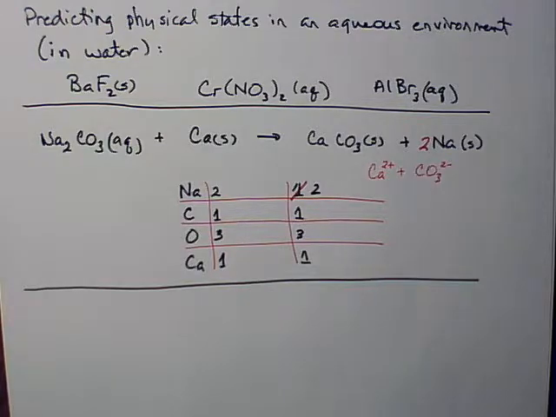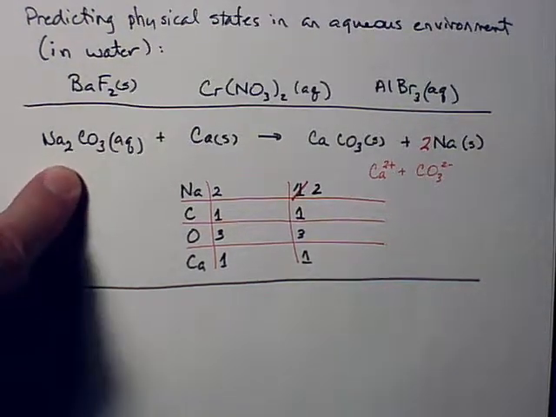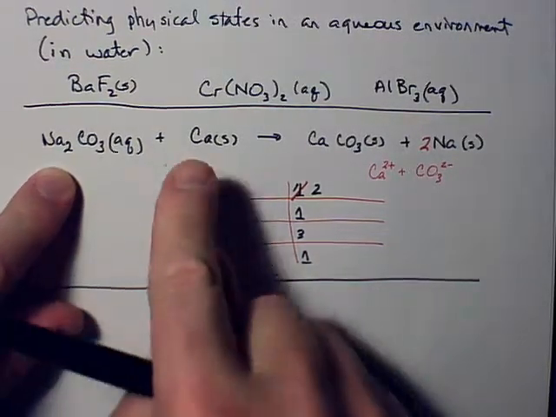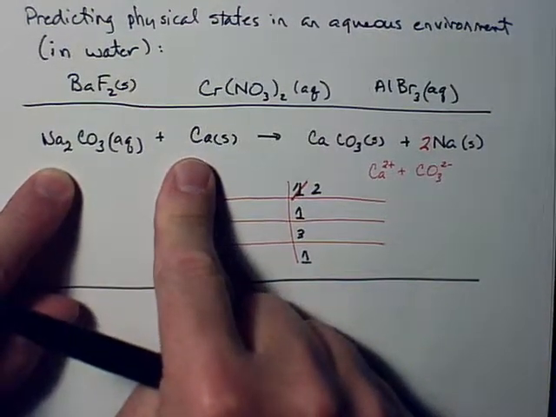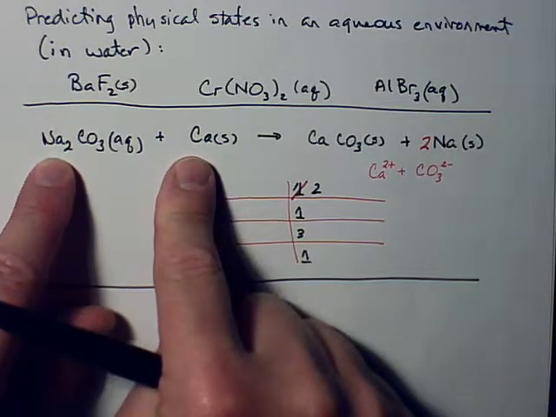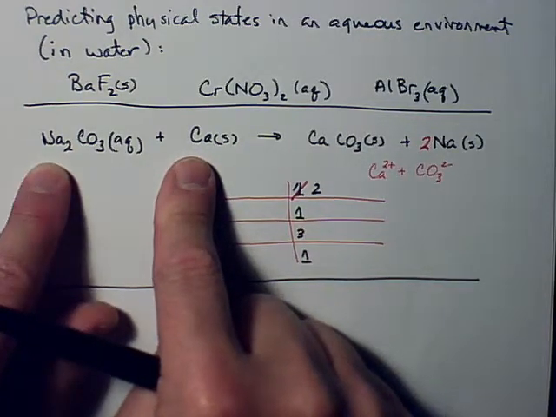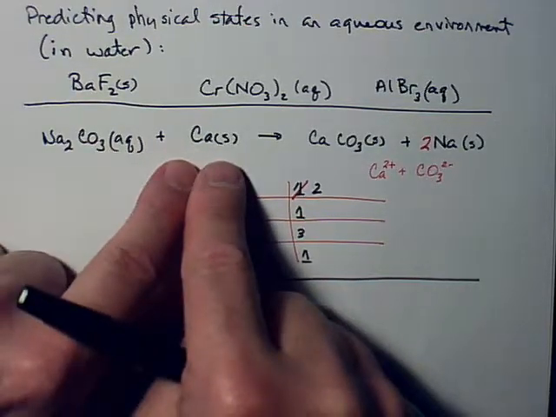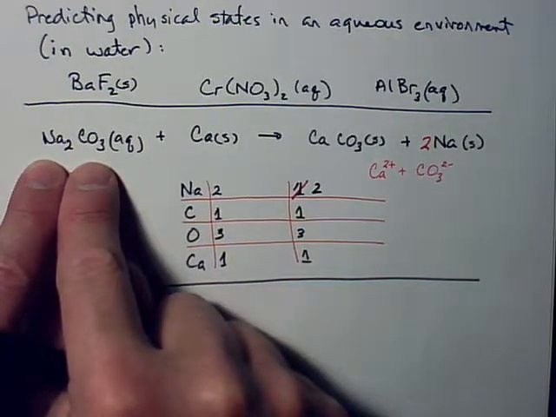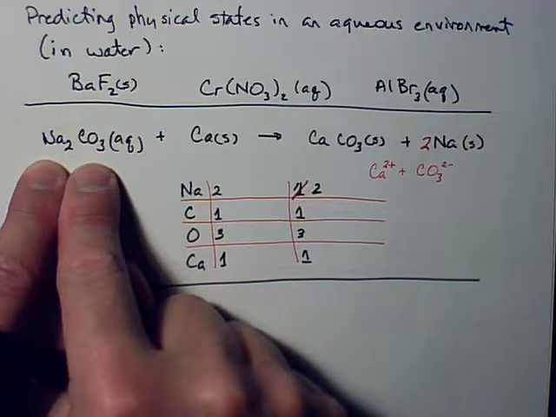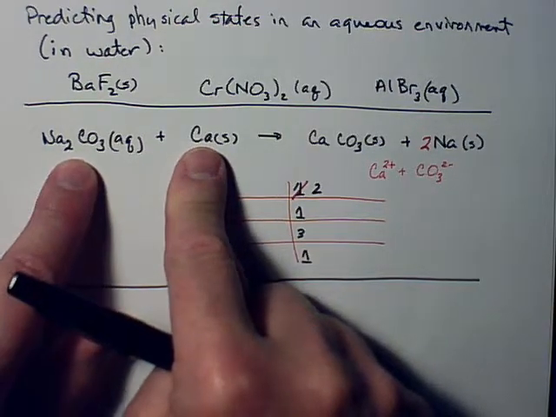When we have a single replacement reaction like these we've been working with so far, this is a single replacement reaction because I've got an element by itself that can potentially replace an element that is in a compound. That's a single replacement reaction when one element replaces some part of a compound. One part, 2 parts.